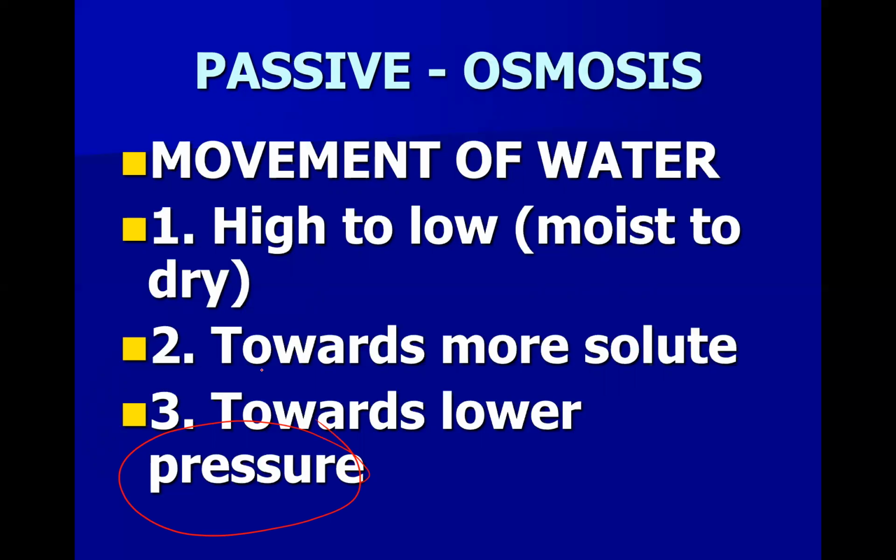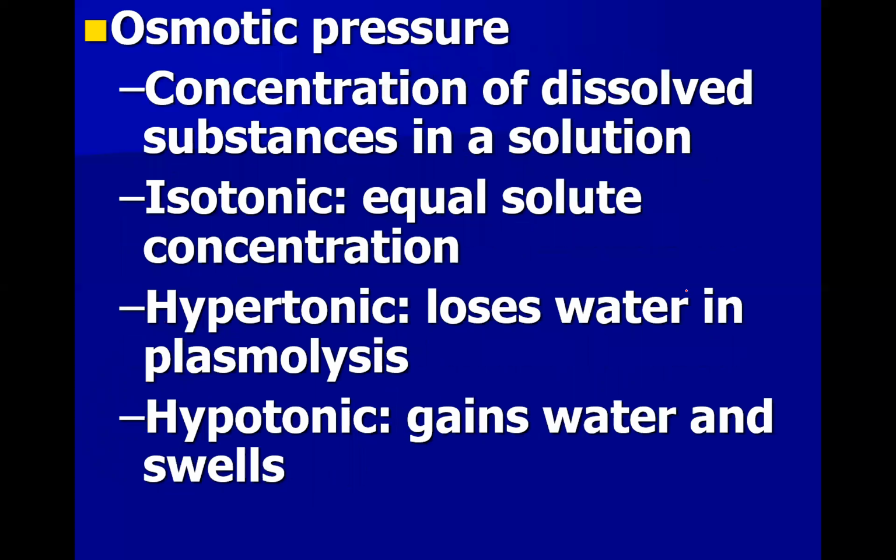And it will also move to the area where there's more solutes. And that's actually what we're going to focus on. So what does that mean? There are three important terms here that have to do with solute concentration: isotonic, hypertonic, hypotonic.